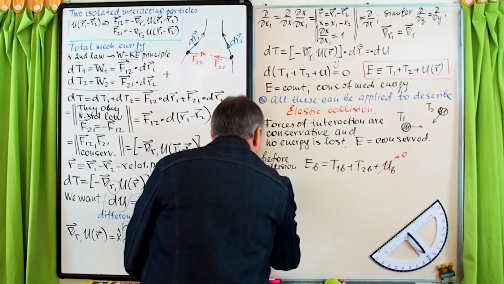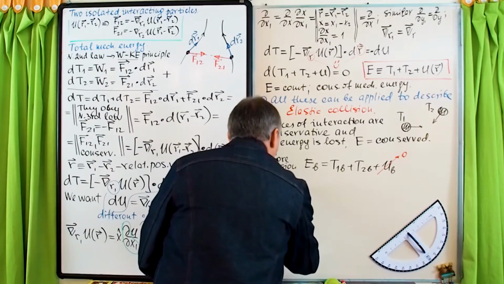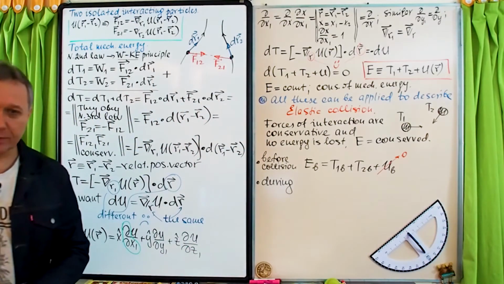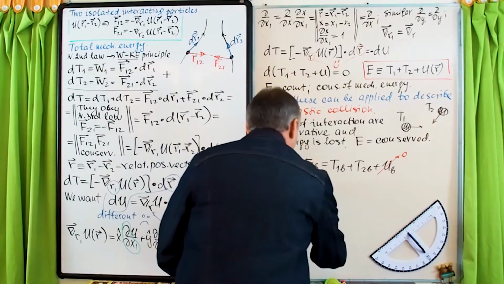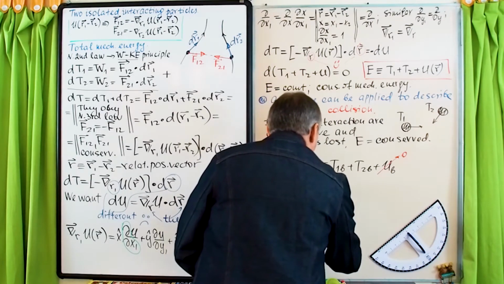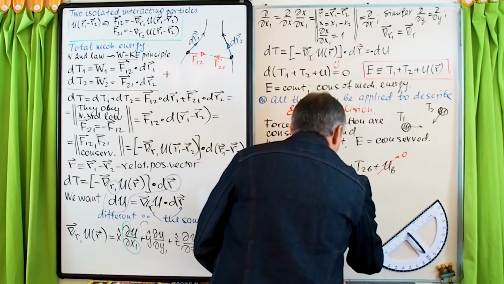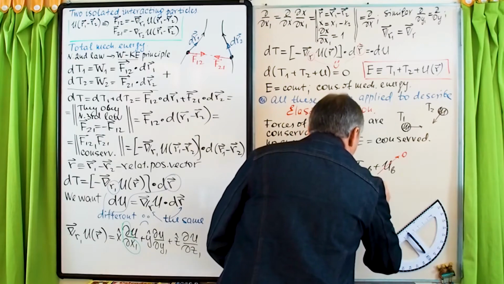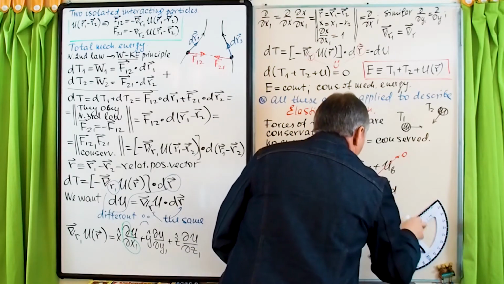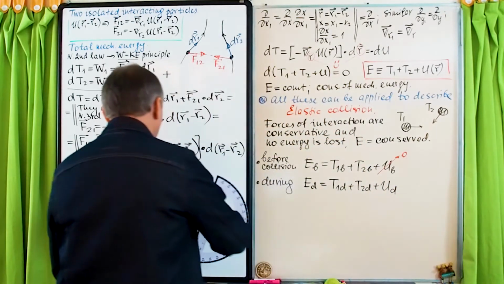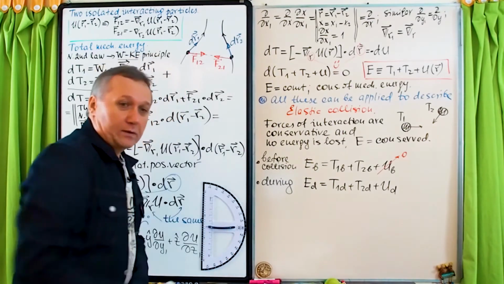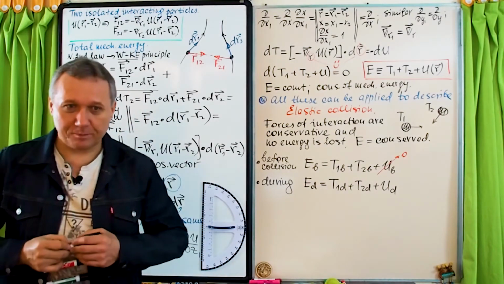Second, what about during the collision? So during, let's say E sub D, it will be T1D plus T2D, plus the potential energy during the collision. And of course, during the collision they interact.